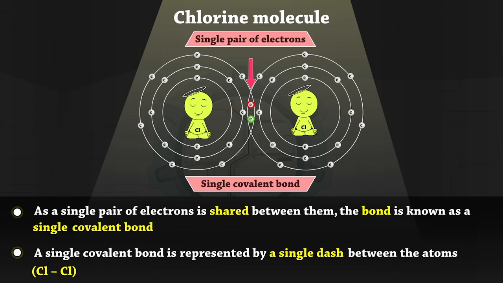As a single pair of electrons is shared between them, the bond is known as a single covalent bond. And how do we represent that? We draw a Cl, and then we draw a line, and then we draw a second Cl.